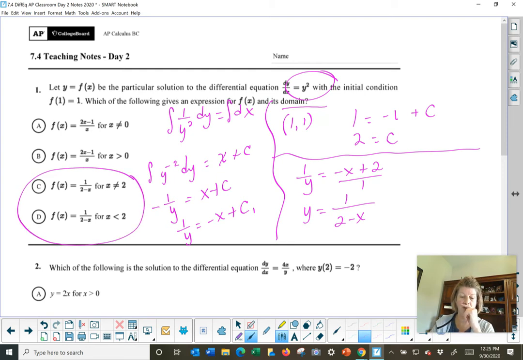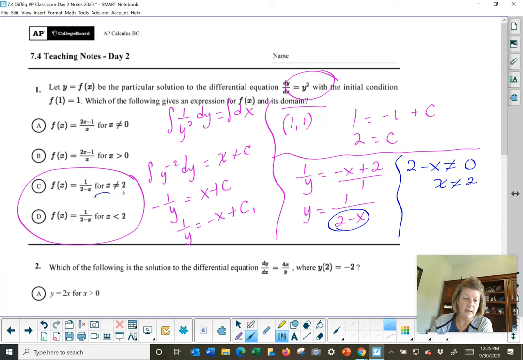X cannot be 2 or x is less than 2. Well, from what you know, the denominator cannot equal 0, correct? And that would then suggest that x cannot be 2.